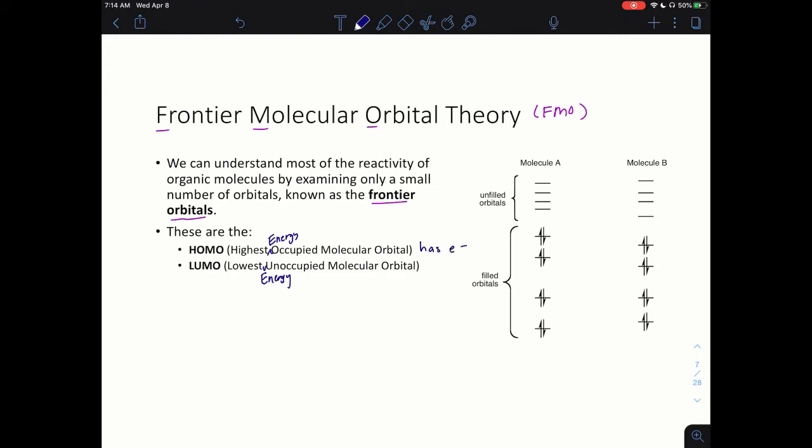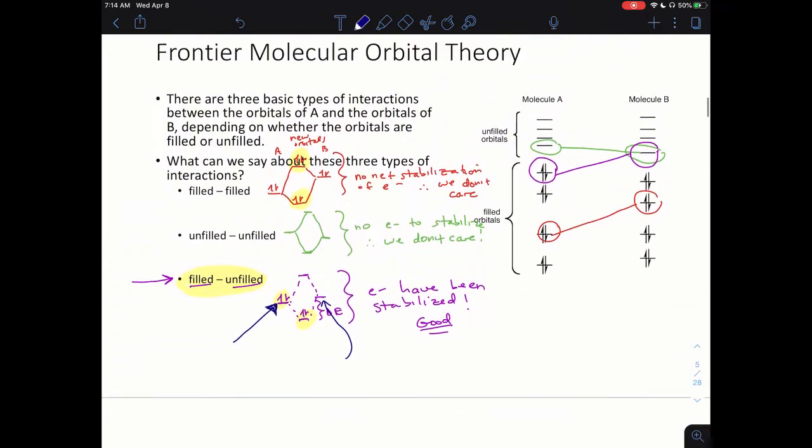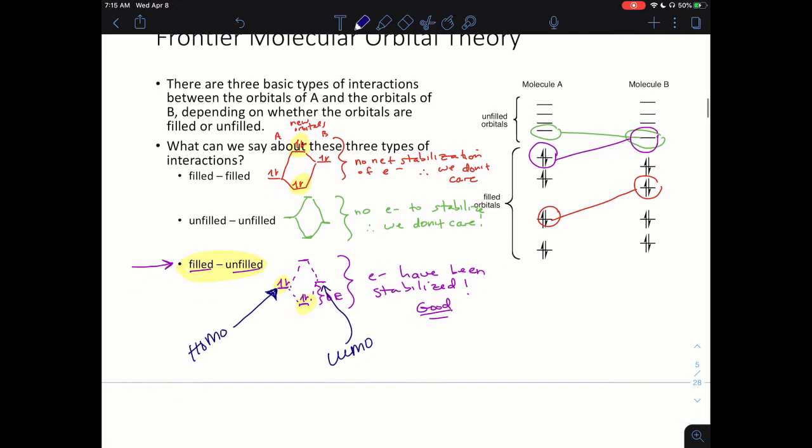This has electrons in it. It will be our filled orbital that we were discussing earlier. And then the LUMO, the lowest energy unoccupied molecular orbital. This has no electrons in it, and that will be filling the role of our unfilled orbital that we discussed earlier. So this would be the HOMO, the filled orbital, and the empty orbital, the LUMO.